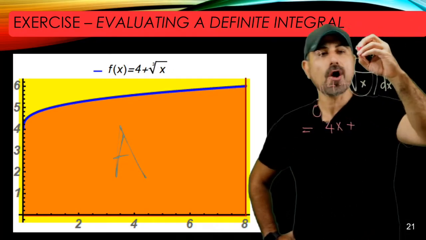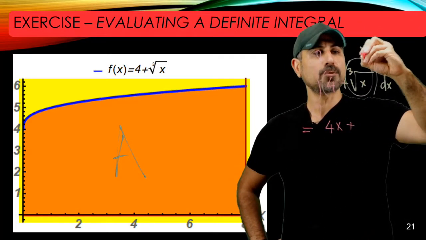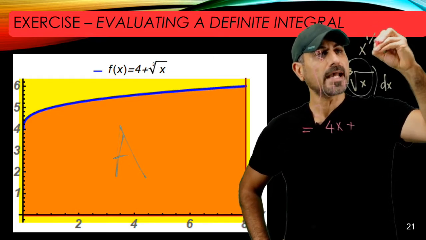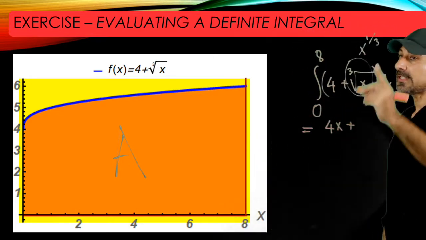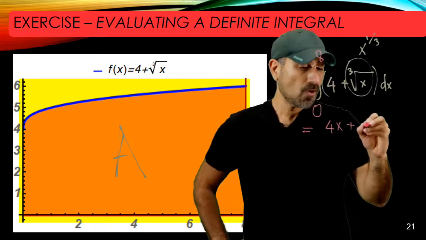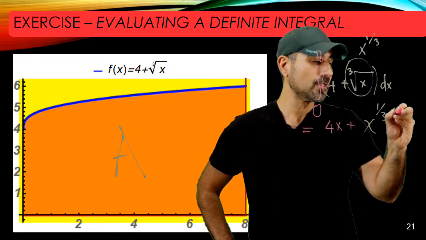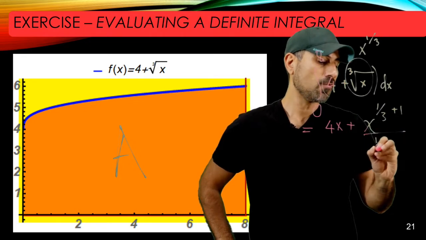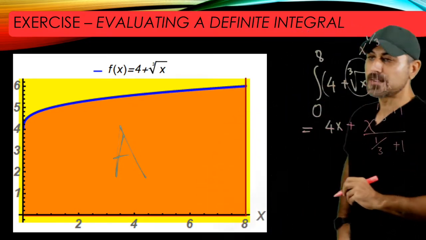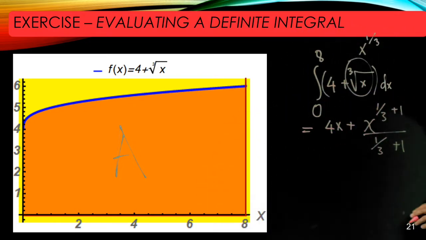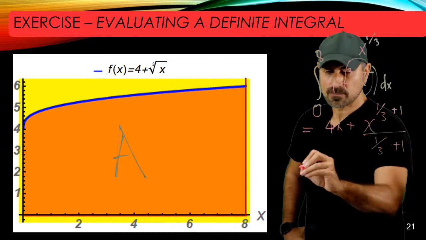All right, why don't we go ahead and write this term in the form of an exponential term. So that is x to the power of 1/3. And we know that the antiderivative of that would be x to the power of 1/3 plus 1 divided by 1/3 plus 1. And we do not add any integrating constant.